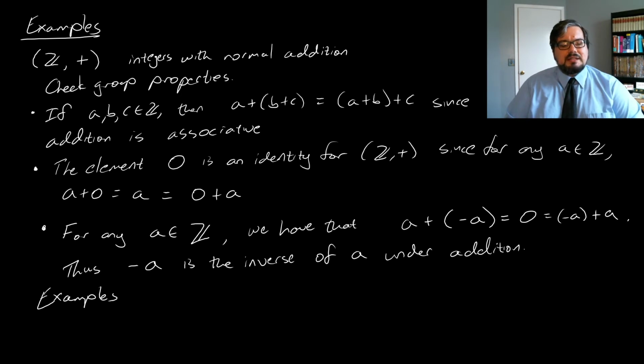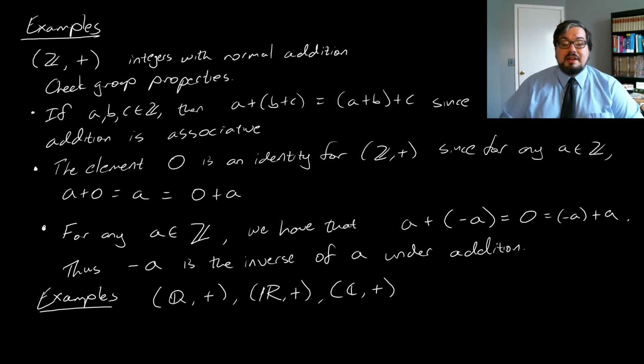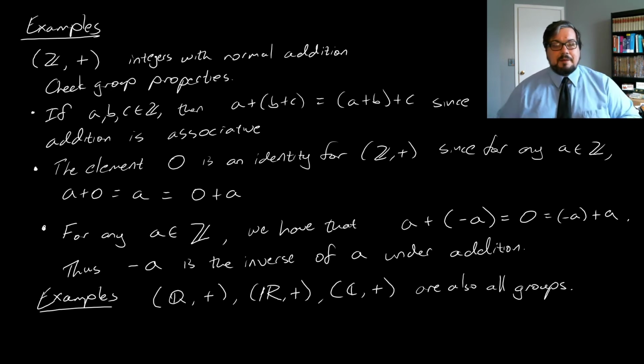Now, nothing that we did about this example was special to the integers. In fact, if we take the rational numbers with addition, the real numbers with addition, or the complex numbers with addition, these are also all groups, using basically exactly the same argument as we did for the integers. So these are a good place to start with thinking about groups.